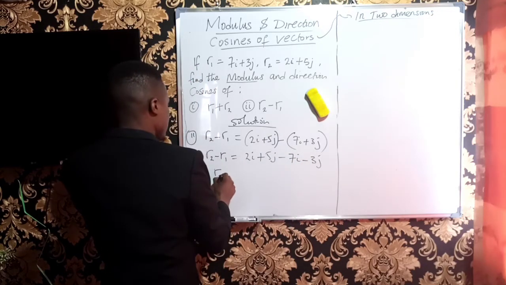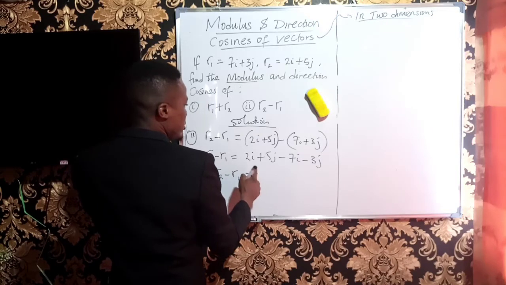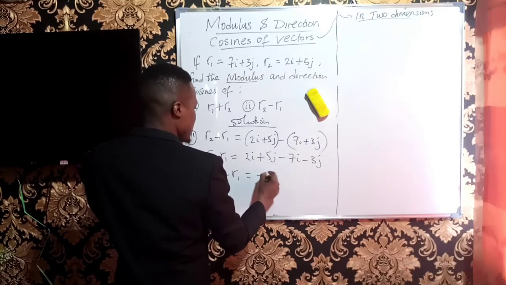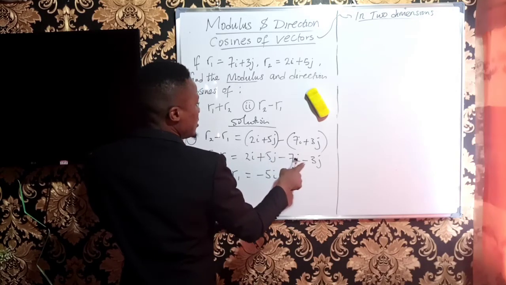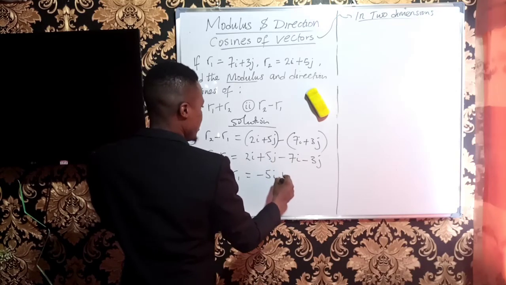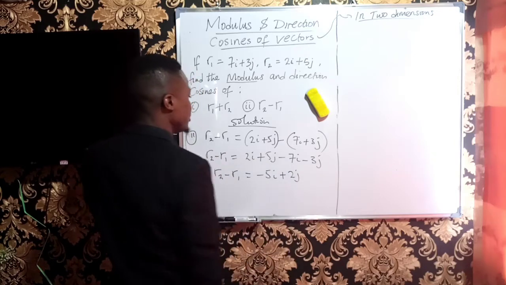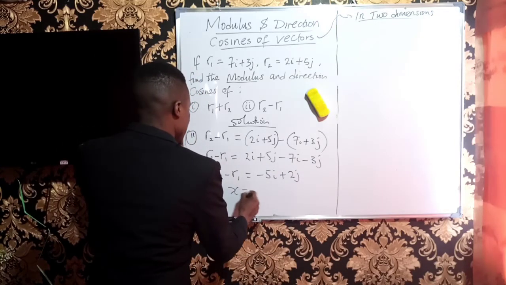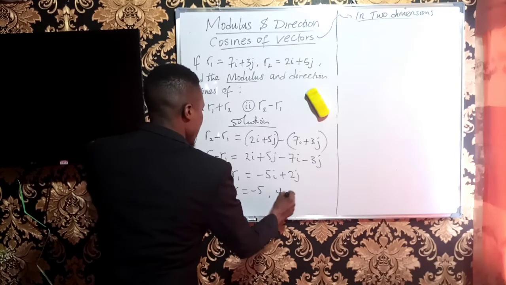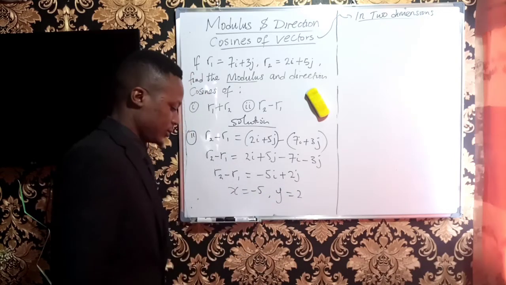So we collect like terms. r2 minus r1 will give us 2i minus 7i, which is minus 5i. 5j minus 3j will give us plus 2j. That's just it. So here, our x is negative 5 and our y is just 2.